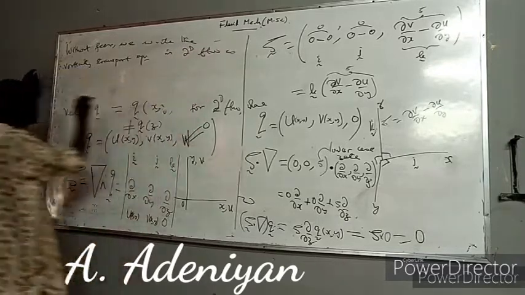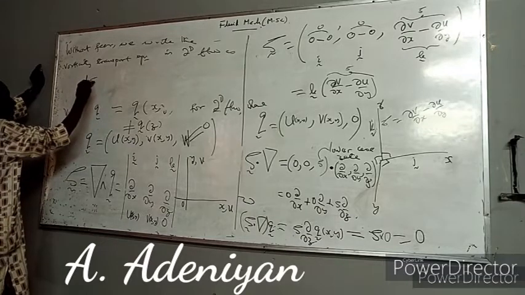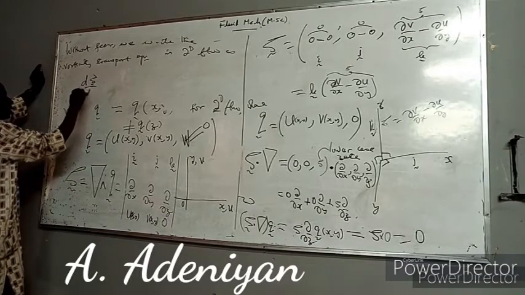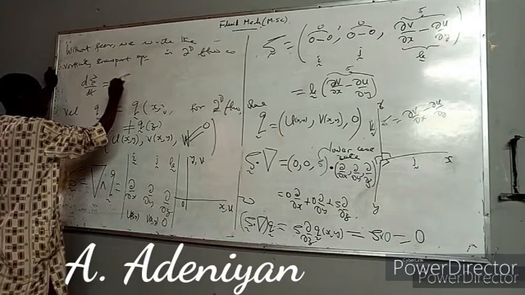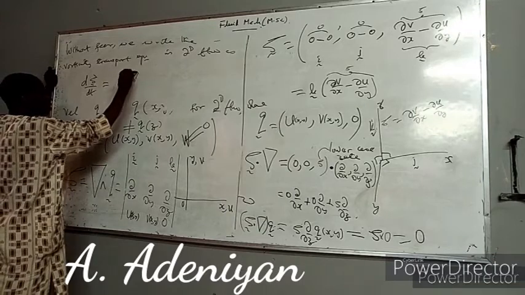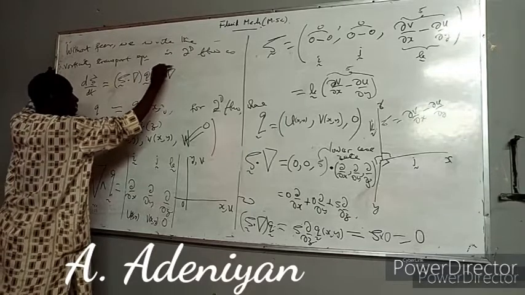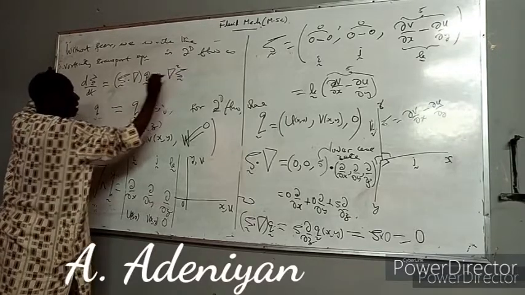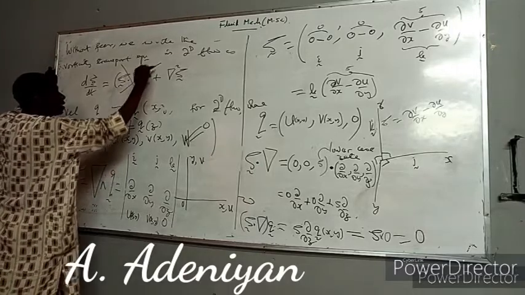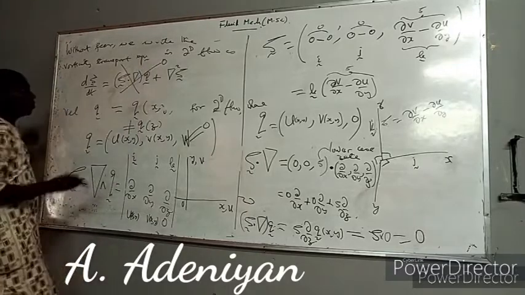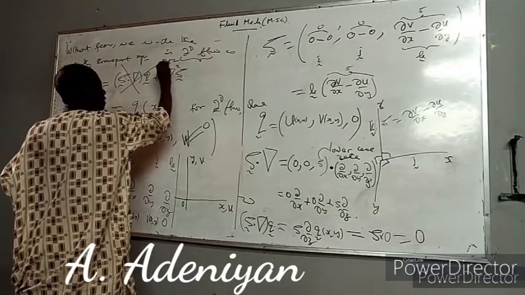We start again. We said D with Dt is equal to what we have already gotten, plus this one, which is generally 0.